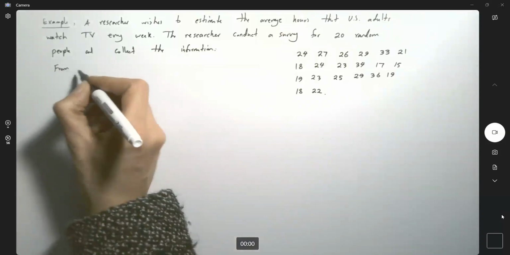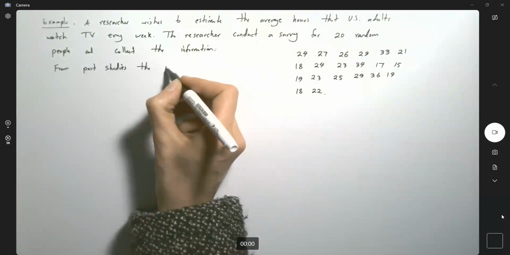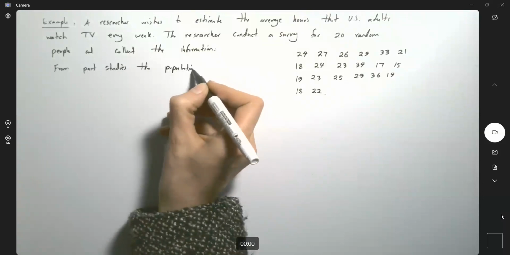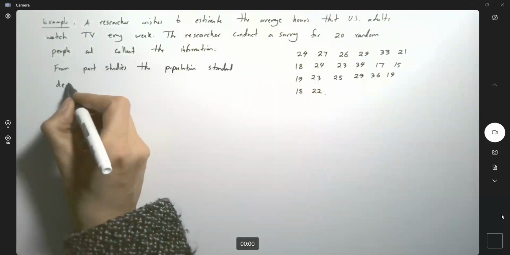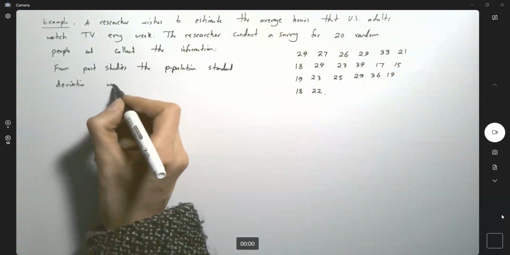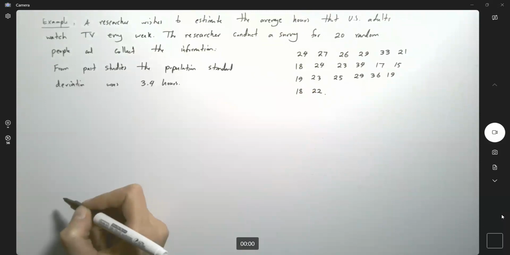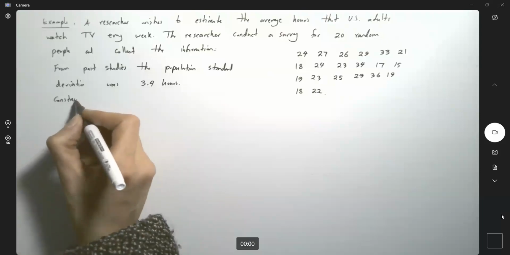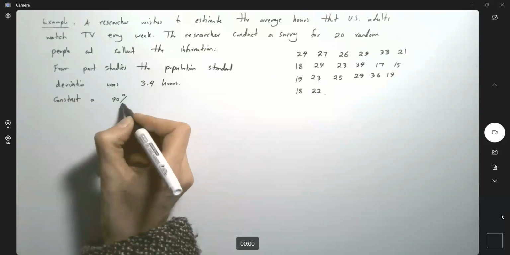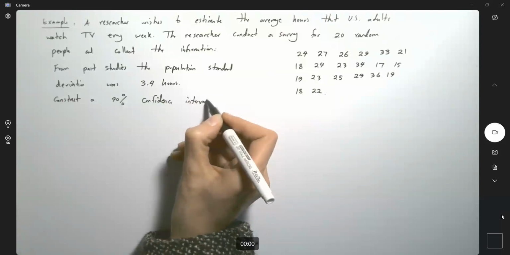From past studies, the population standard deviation was 3.4 hours. Question says, construct a 90% confidence interval.